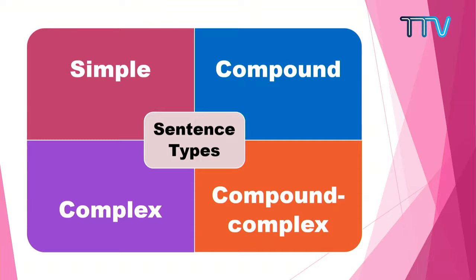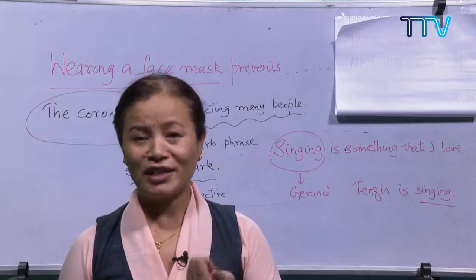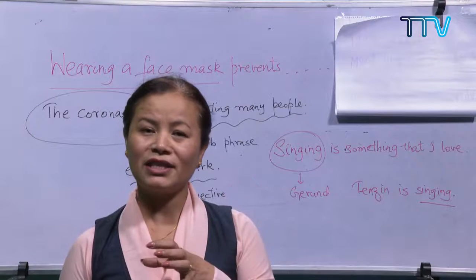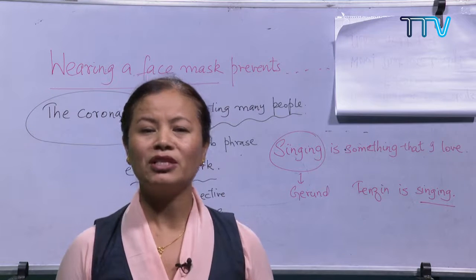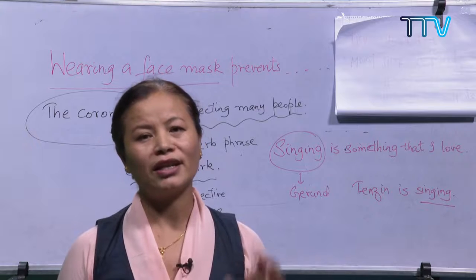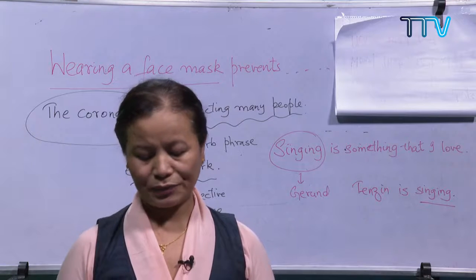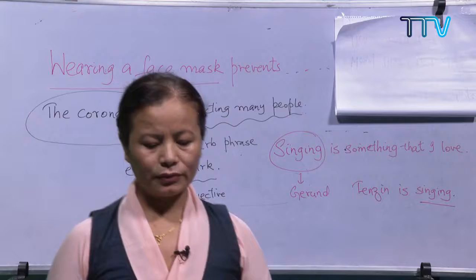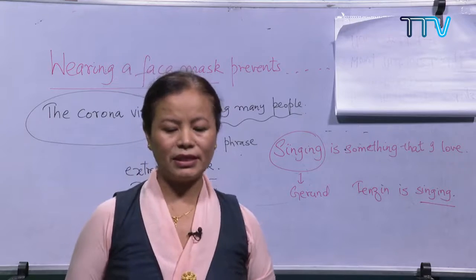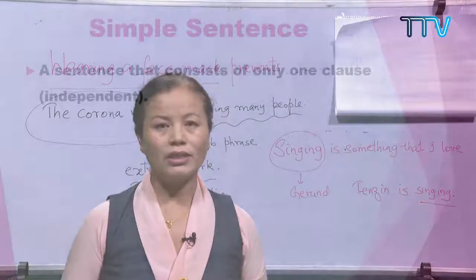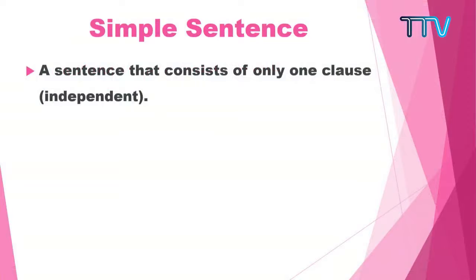Now that you all understand what a phrase is, which forms a part of a sentence, it becomes easier for you to understand what a simple sentence is. A simple sentence is a sentence that consists of only one clause, and that clause is independent.